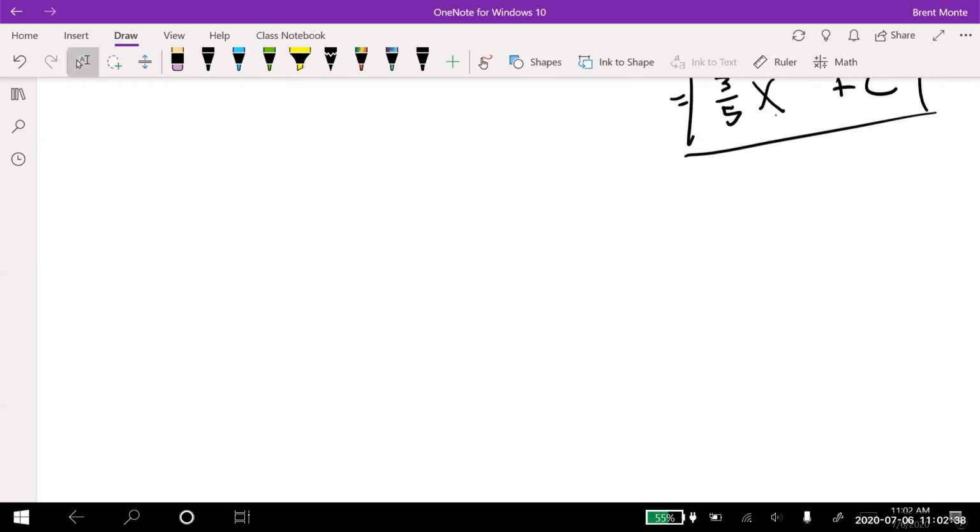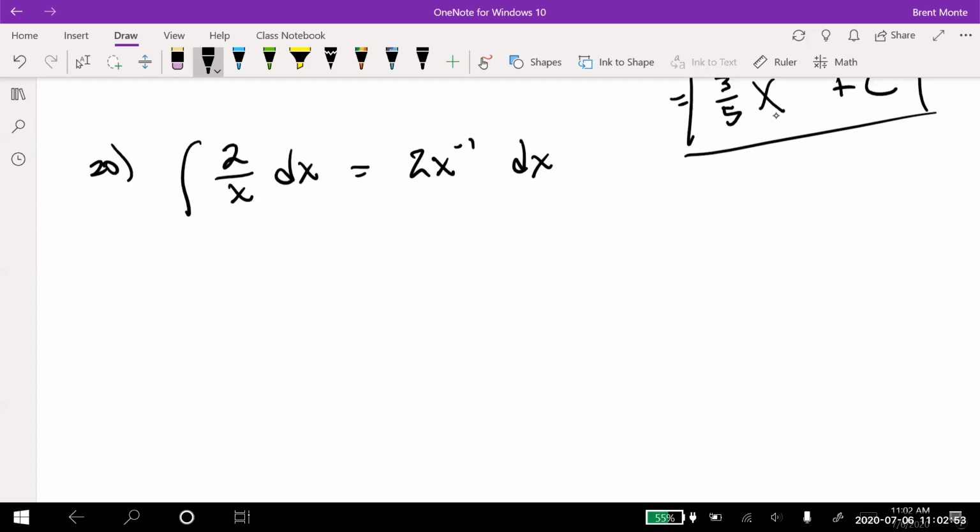All right, so zip it along. Look at problem 20. Now they write it this way, 2 over x dx. And what a lot of us think, we think, oh, that's easy. That's 2x to the -1 dx, right? And I add 1 to the exponent, and I multiply by the reciprocal, plus c, and I get 1 over 0, x to the 0 plus c.